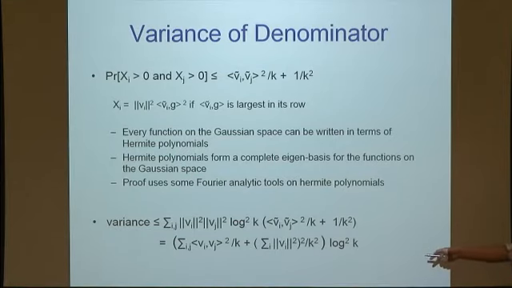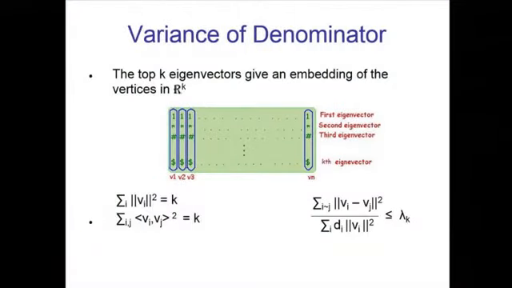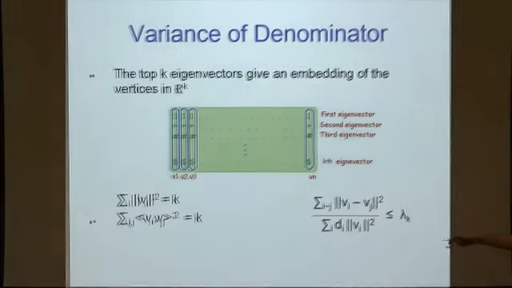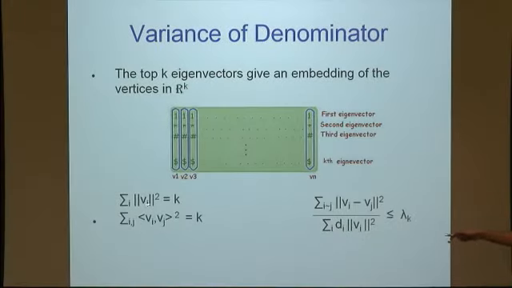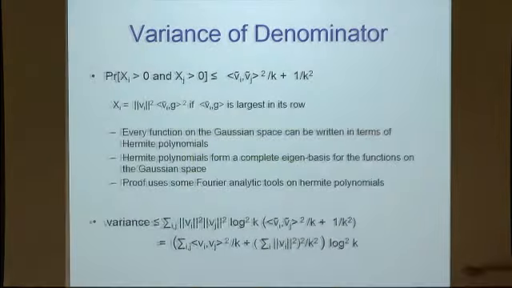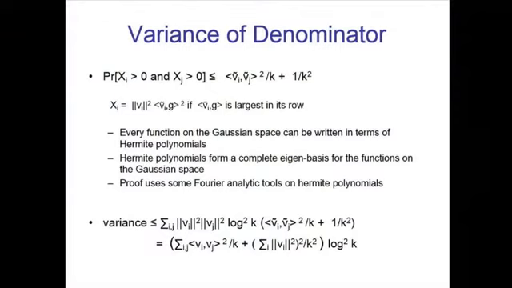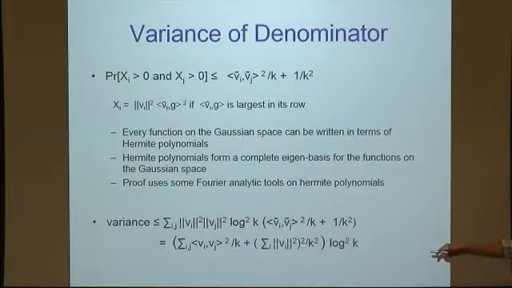So what were these two values that we had? Going back to this picture, note that the summation over ij of the inner product vi vj, whole squared, is equal to k, and the summation over i of the norm of vi squared is also equal to k. So if I plug this in over here, what do I get? This is equal to 1. This is also equal to 1.